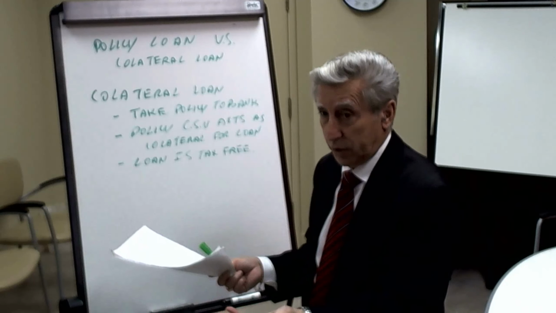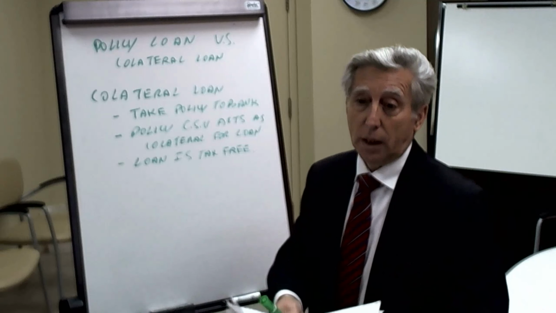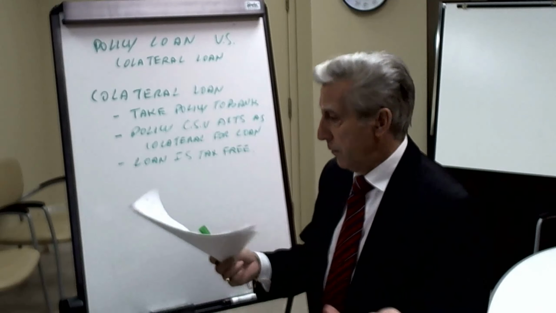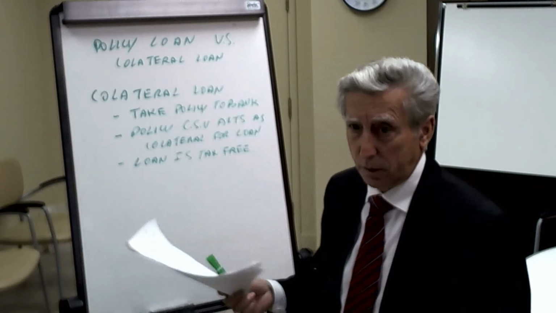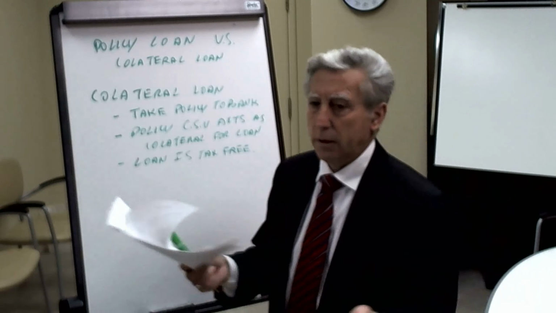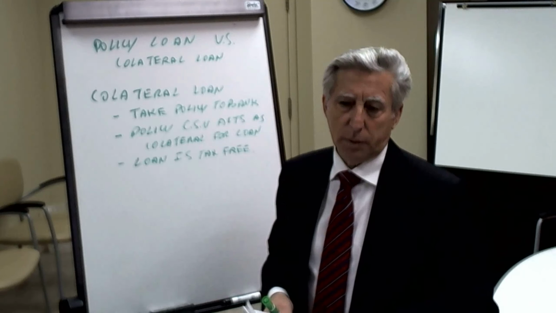It's not coming from the insurance company. It's coming from an arm's length institution such as a bank, for example. They give you that loan, and that loan will in fact be tax-free. Same amount of money, $50,000, but it doesn't have any impact on your ACB, or on any of the taxation issues that we talked about before.